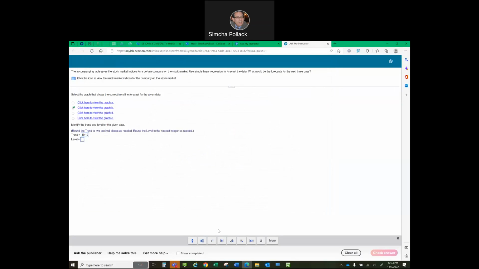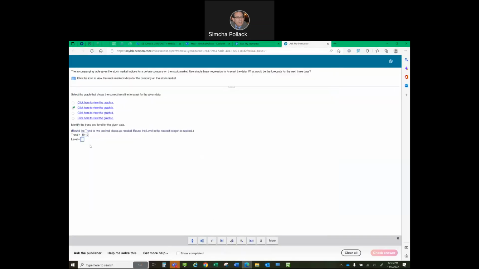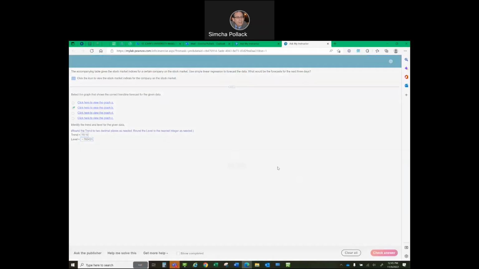And the level, which again is the intercept, was, in this case, minus 765.431. Check answer, and we got it right. Now they tell you to make a forecast, basically extend the line.